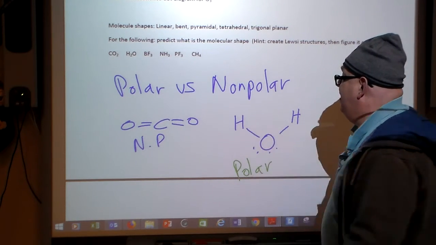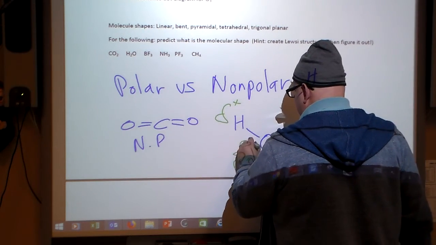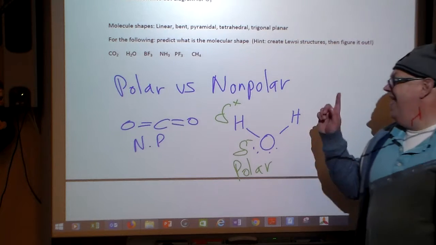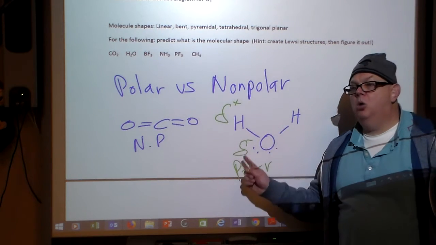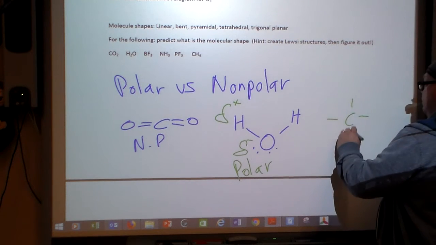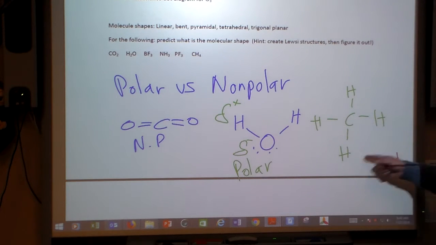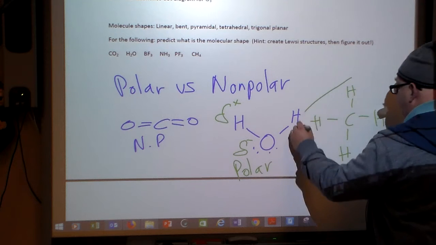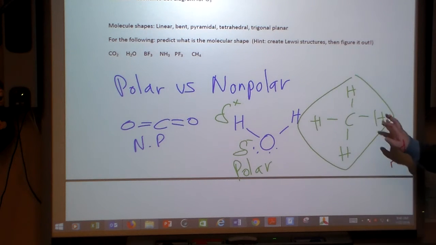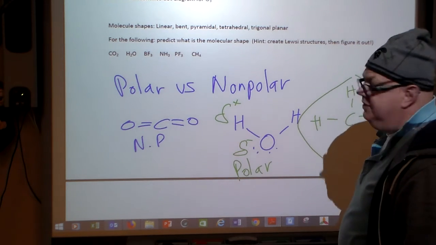Here you've got the positive end. That's where those partial charges come in, and here you've got the partial negative charges. That's what makes this polar. So when you have something like CH4, is this polar or non-polar? It's non-polar because there is no area of negative. It's all partial positives here. So that's something for you guys to think about.